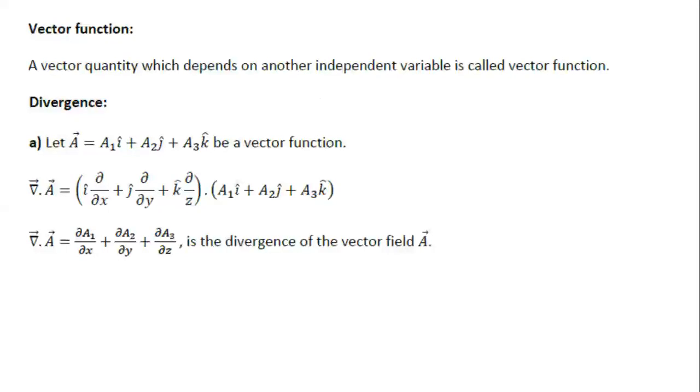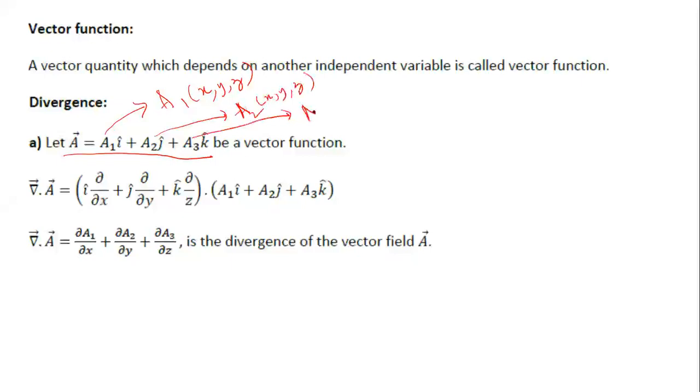As I said before, a vector quantity which depends on another independent variable is called a vector function. Now this is how we take the divergence of a vector function. Like the one shown here, this is a vector quantity, and the x component a1 depends on x, y, z, and similarly the y component a2 also depends on x, y, z, and a3 also depends on x, y, z.